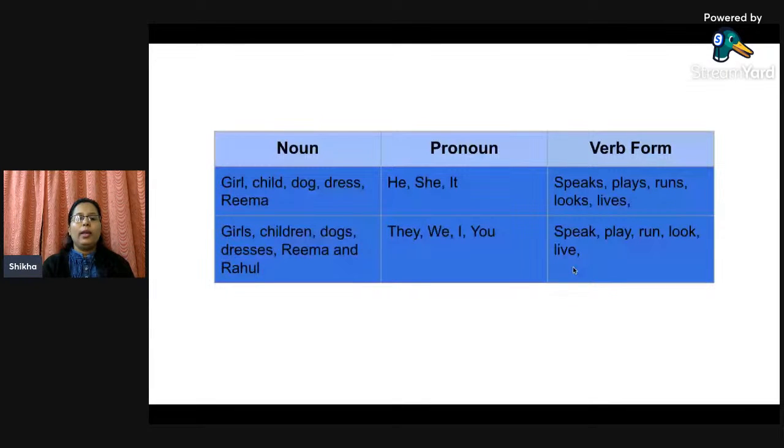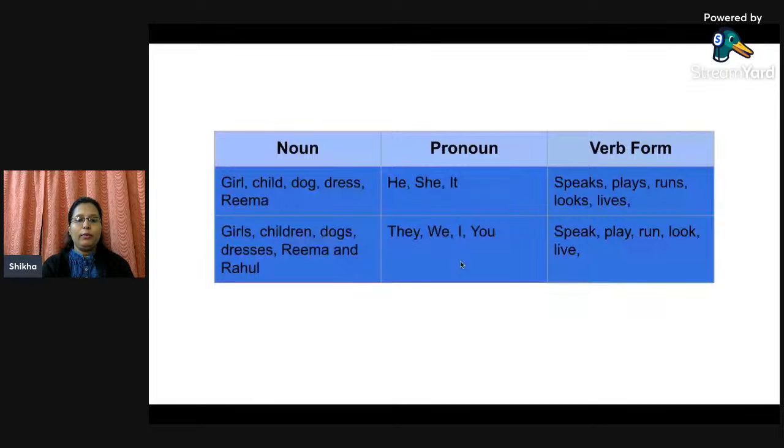And now, when we are using the pronouns I and you, you should remember this: they always take the plural form of the verb, that is, the verb should be without s.